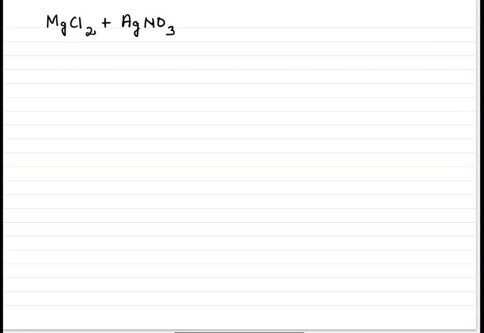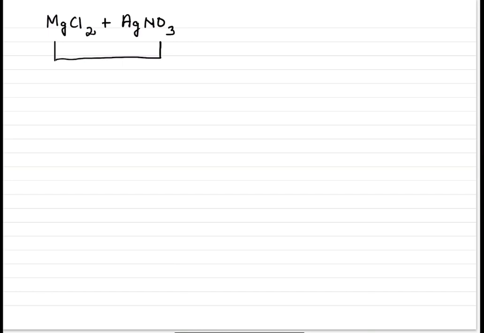So here, combine the cation from the first reactant with the anion of the second. So we'll see the cation is here and it will combine with nitrate.